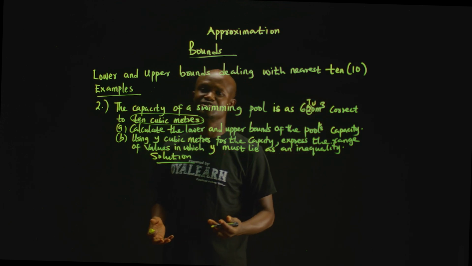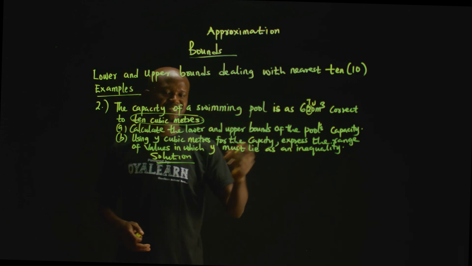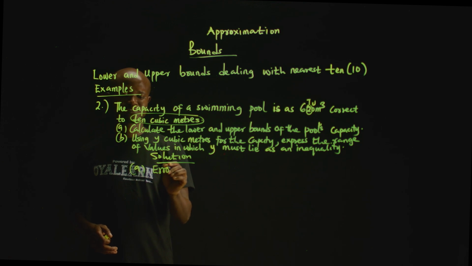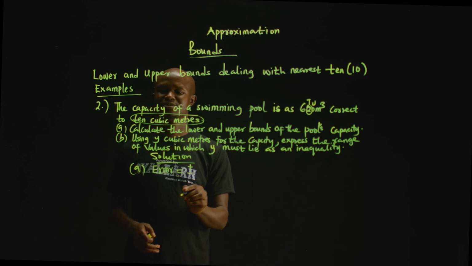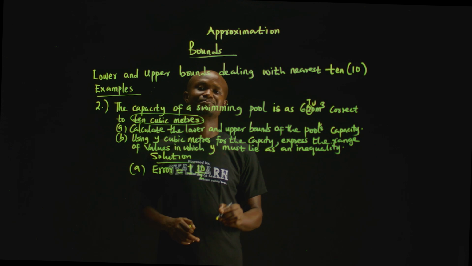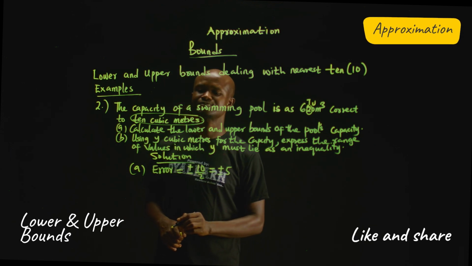Once you see nearest 10, what will the error be? That is plus or minus 10 divided by 2. You divide that 10 by 2, so we have plus or minus 5.